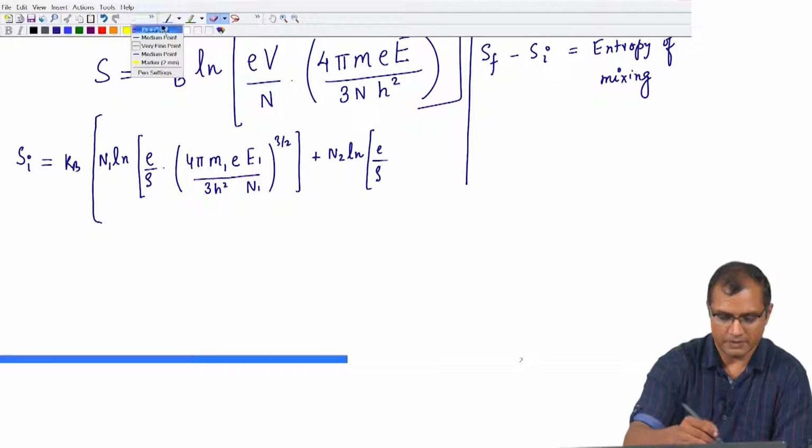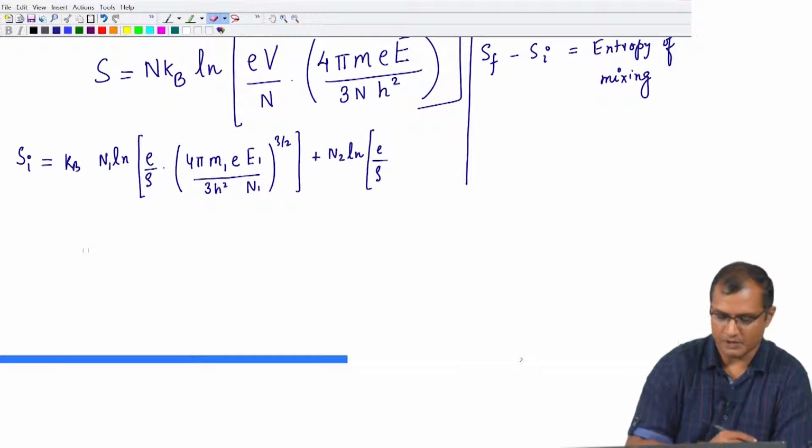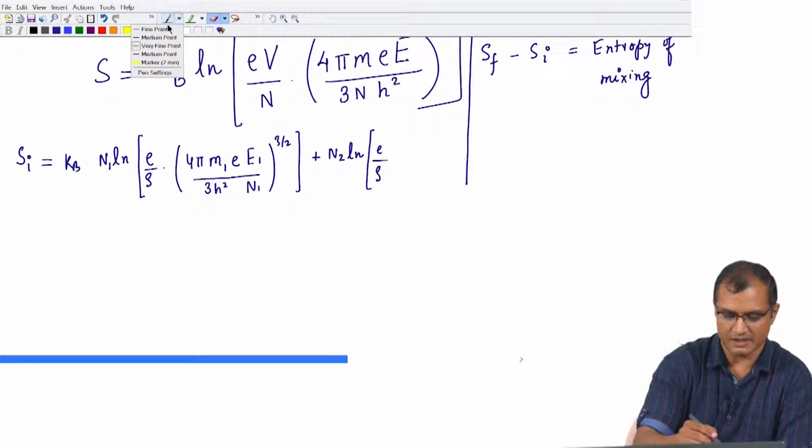I think for the presentation it is better to write down Kb multiplied to each one of them, it just improves the presentation.